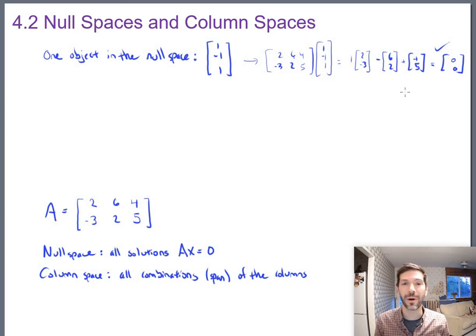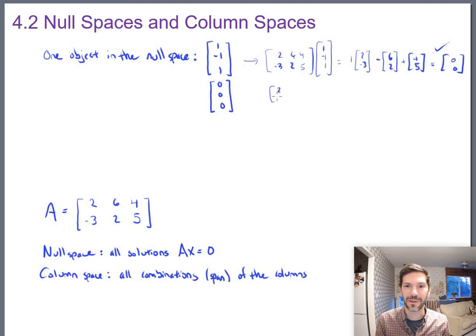You should be able to think of one other vector in the null space pretty easily. It's in every null space, which is the 0 vector. 0 vector of the right dimension, I should say. So in this case, objects in the null space are vectors in R3, because we're combining 3 columns, right?